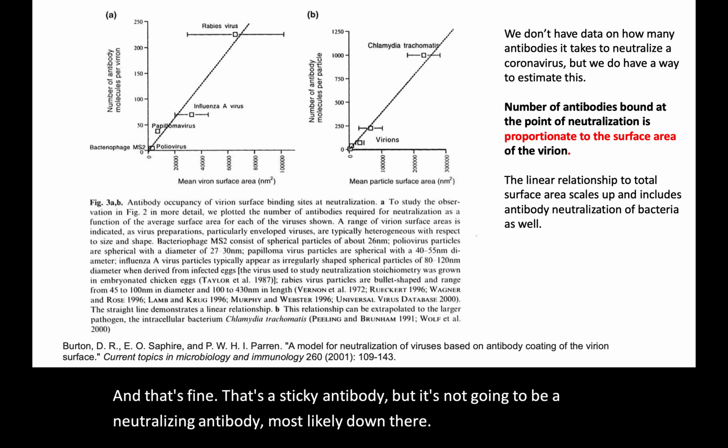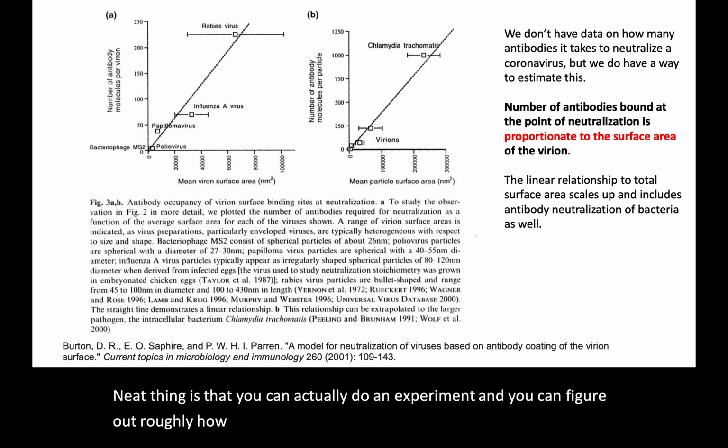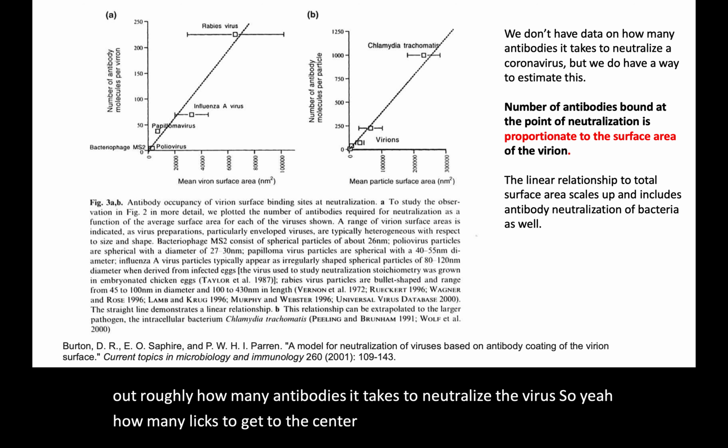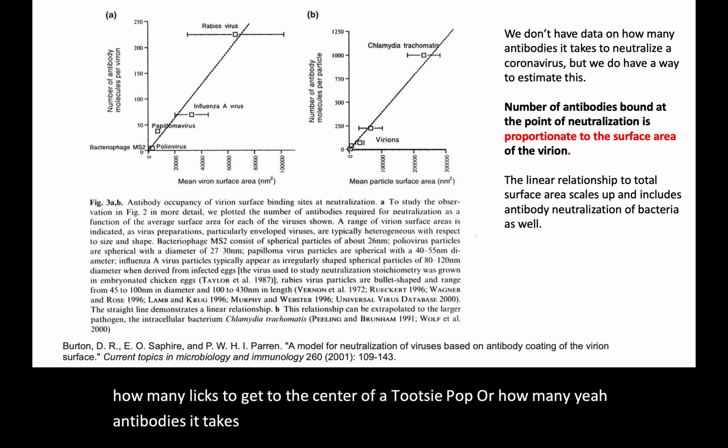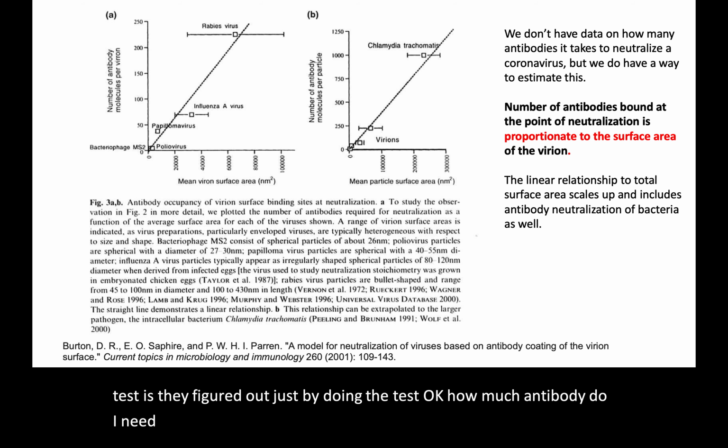Now, the neat thing is that you can actually do an experiment and figure out roughly how many antibodies it takes to neutralize a virus. So, how many licks to get to the center of a Tootsie Pop, or how many antibodies it takes to neutralize a virus. What they did for this test is they figured out, okay, how much antibody do I need to knock out this number of viruses?